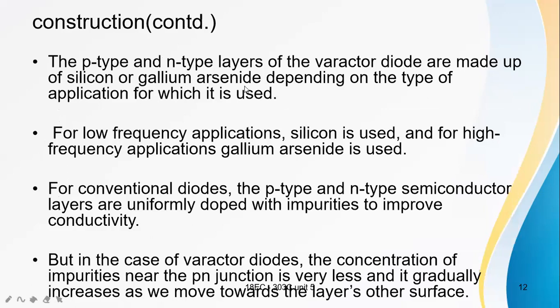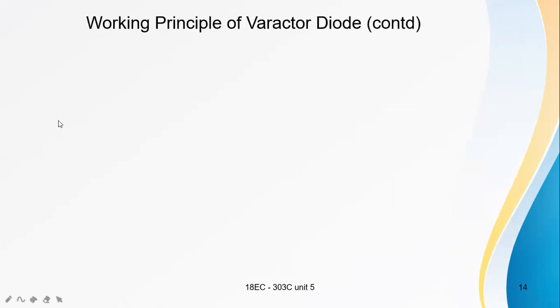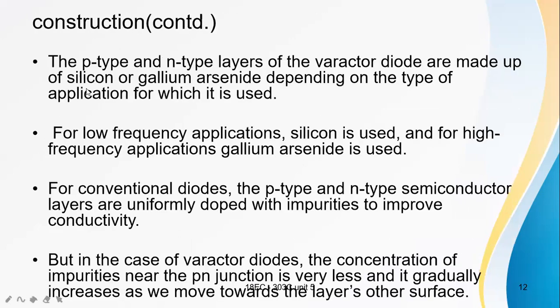The p-type and n-type layers of the varactor diode are made of silicon or gallium arsenide, depending on the type of application for which it is used.